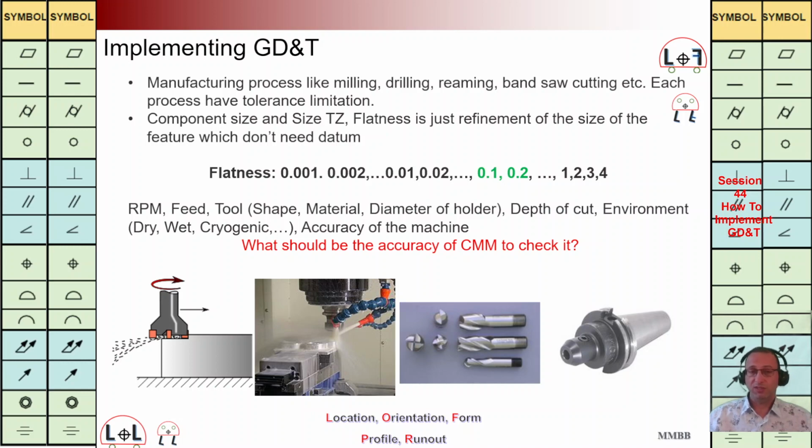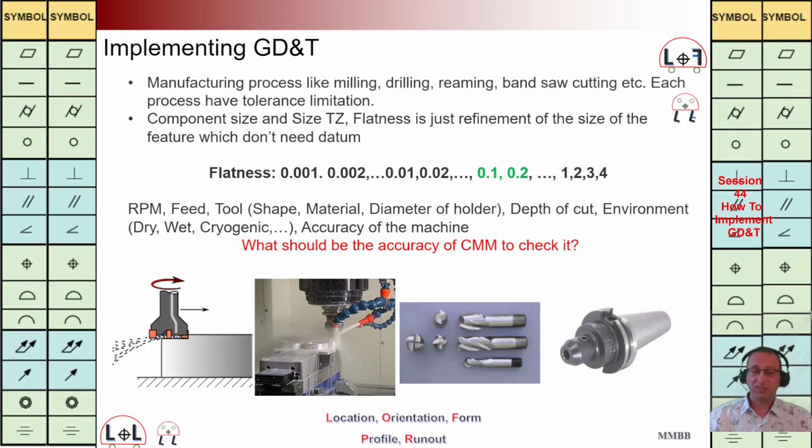Also, we need to think about how we are going to measure the accuracy of that component. We need a coordinate measuring machine, let's say a CMM. The accuracy of the CMM should be higher than the accuracy of the component.